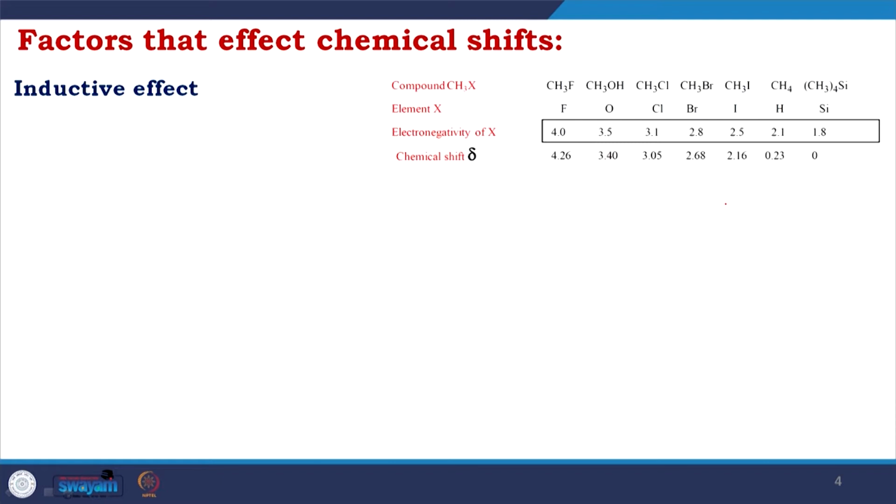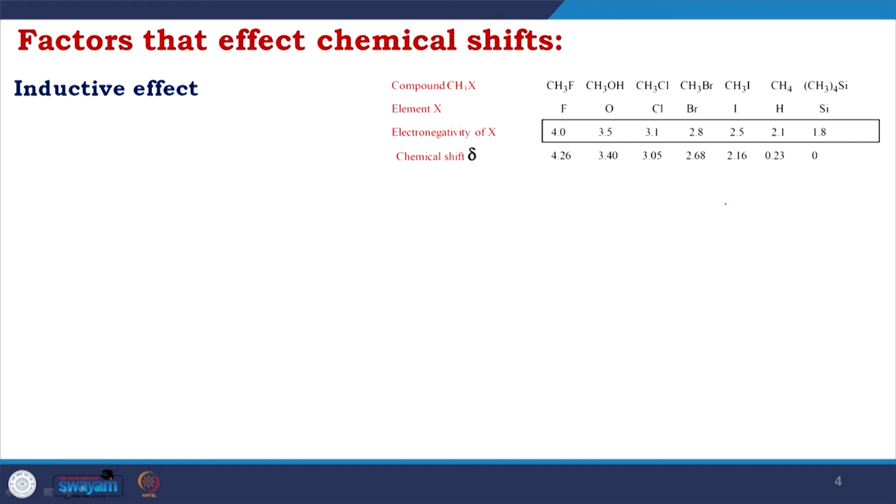The electronegativity, from fluorine, is 4.0, the most electronegative; oxygen 3.5, chlorine 3.1, bromine 2.8, iodine 2.5, hydrogen 2.1 and silicon 1.8.